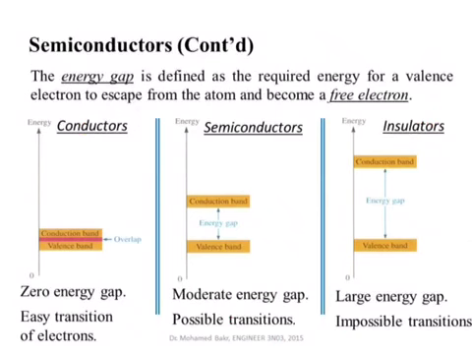Another way of looking at different types of material is through the energy band diagram. The energy band diagram simply describes the possible energies of the electrons and charges that we have. For example, let's take a look at conductors. The electrons in the valence band, in the outermost shell, can assume certain values of energy.